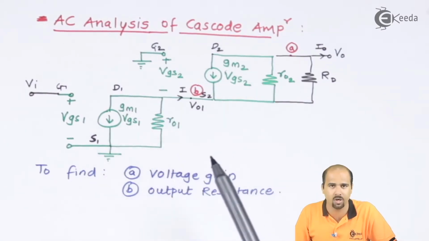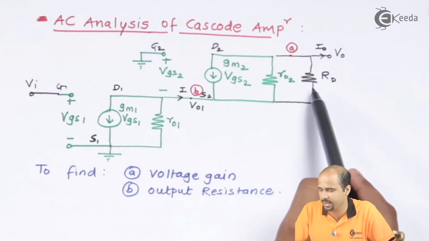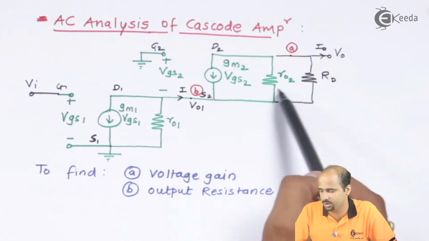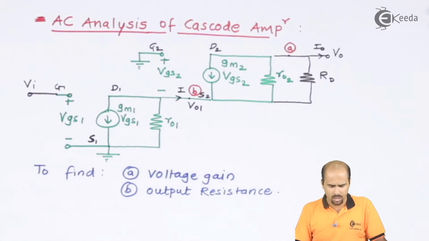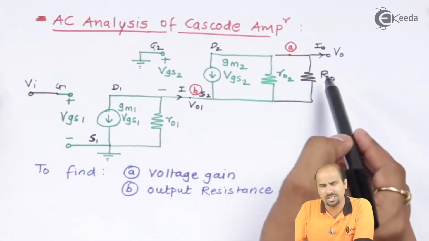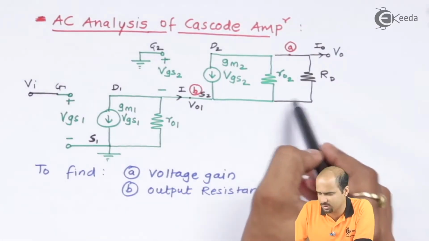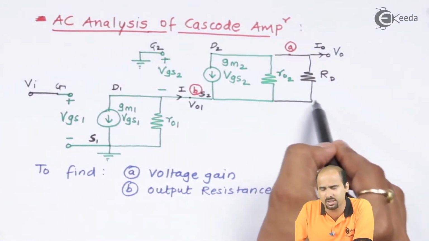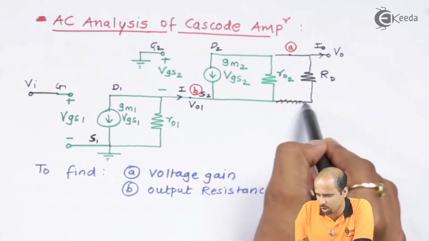This ro1 is the dynamic output resistance of MOSFET M1, and the external resistance RD, which is black in color, is in parallel with ro2. Either you can connect the value of RD or not, and right now I'm not considering RD. Actually it should be grounded, so I have connected this in parallel, which is a wrong configuration.